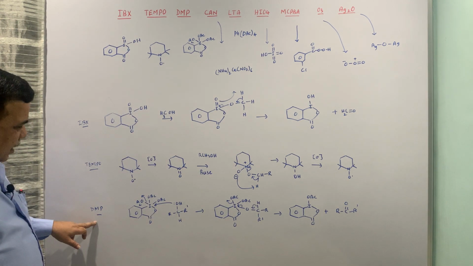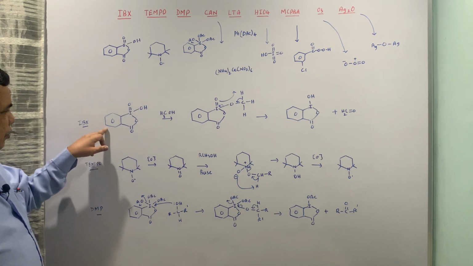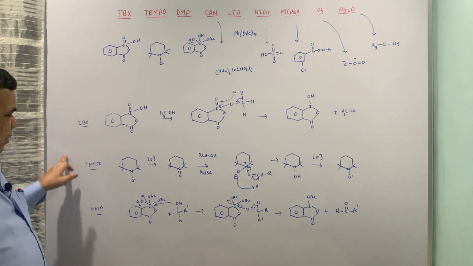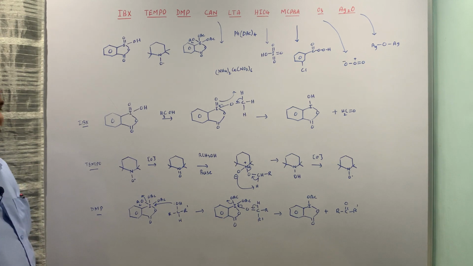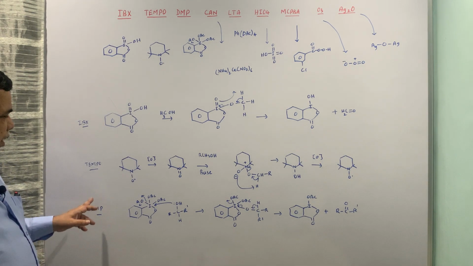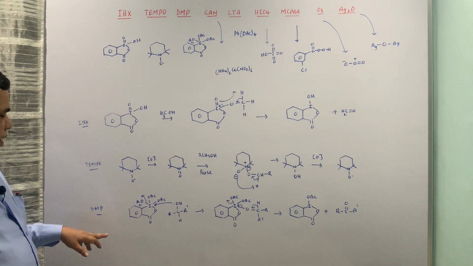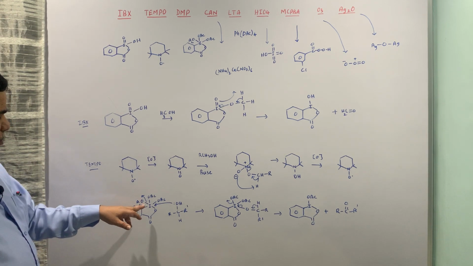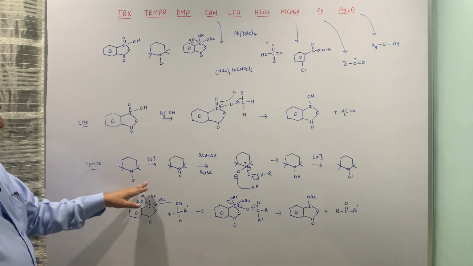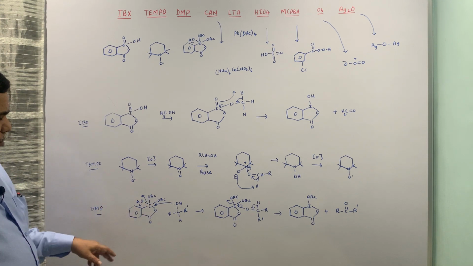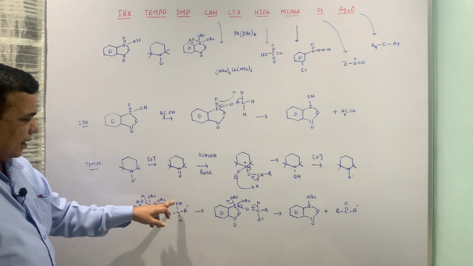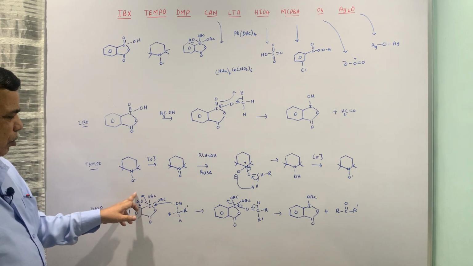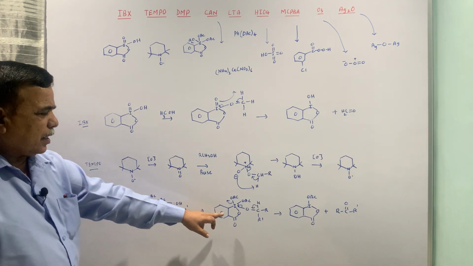Now I will talk about this reagent. This is a derived reagent. If you treat this IBX with acetic anhydride and acetic acid, you will get this compound, Dess-Martin periodinane. Periodinane because so many bonds are there with oxygen. If a secondary alcohol reacts with this, one mole of acetic acid goes off and you get this intermediate.